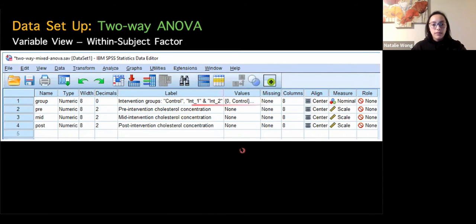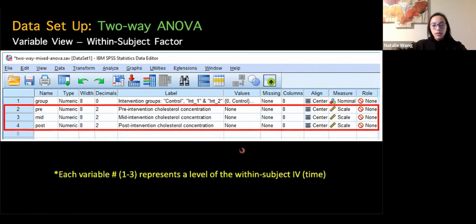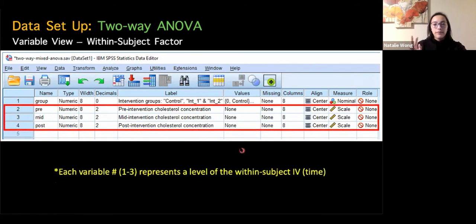For the within subject variable, you'll recall from last week, for each level of the within subject variable or variables, there is a corresponding column because each row in the data view represents one subject. So because we have taken 3 measurements from each subject in this particular example, we're going to have 3 more variables that represent each level of that within subject factor.